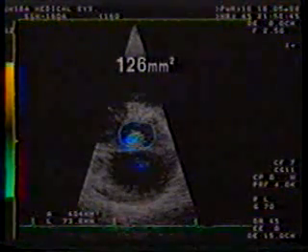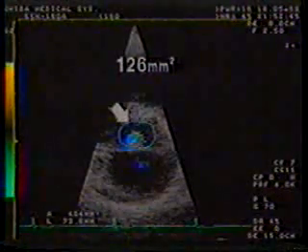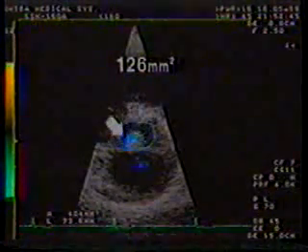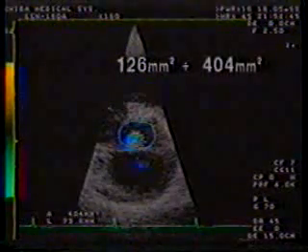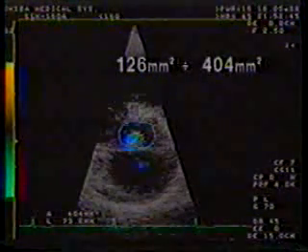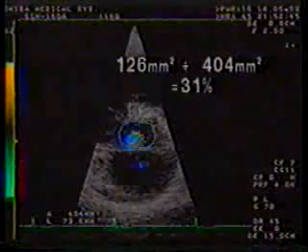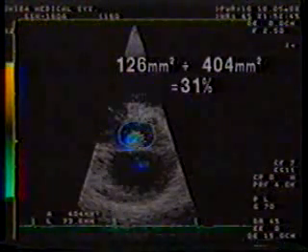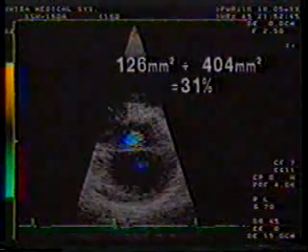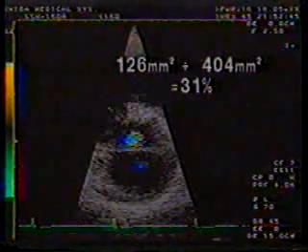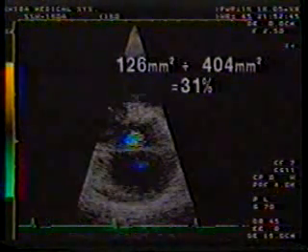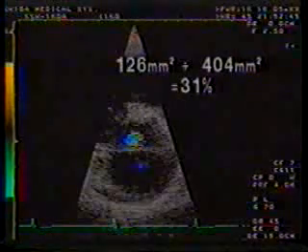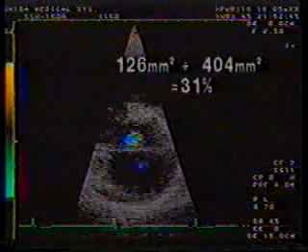At the same level, which is just below the aortic valve, the LVOT area has been measured, 404 square millimeters. This yields an area ratio of 31%, which again falls in the moderate category. It is important that these parameters are measured just below valve level, since the jet usually fans out as it extends further toward the ventricle.